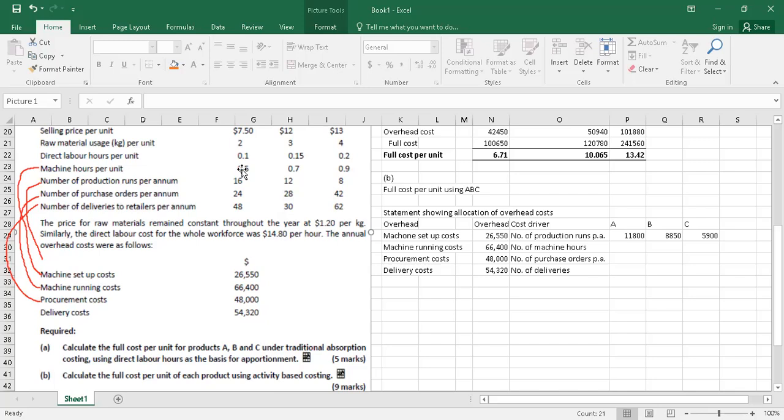So a lot of calculation has to be done. These are all per annum, but this is per unit. So I'm working out the machine hours required, the total production.